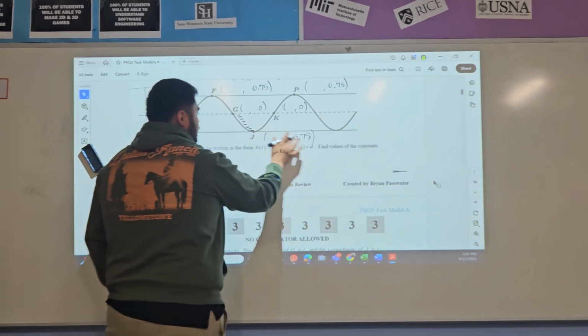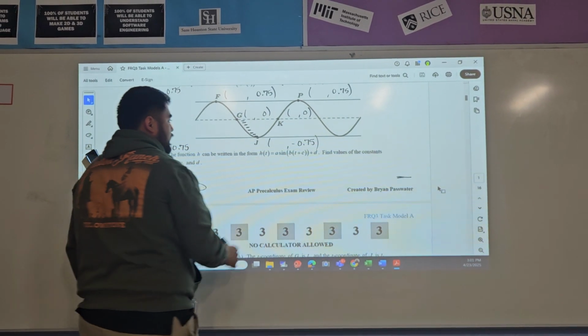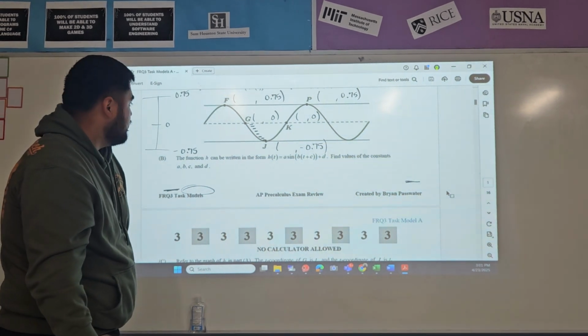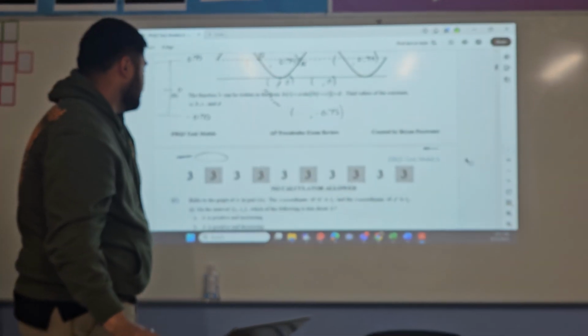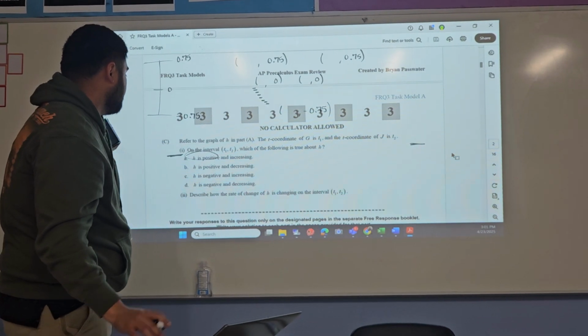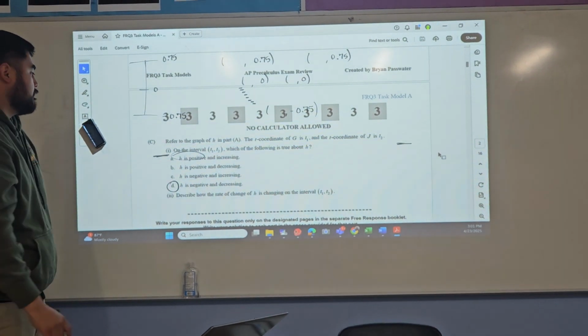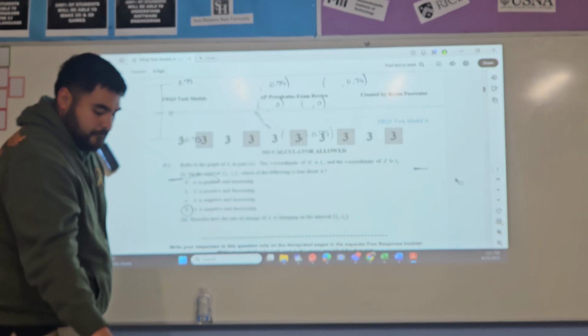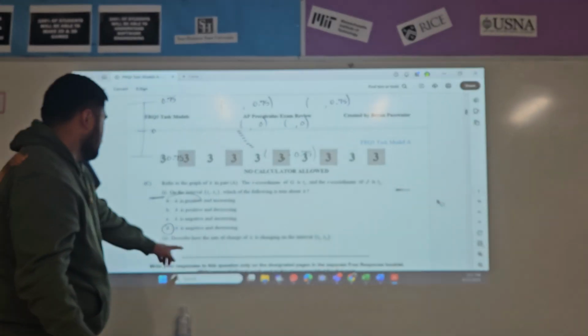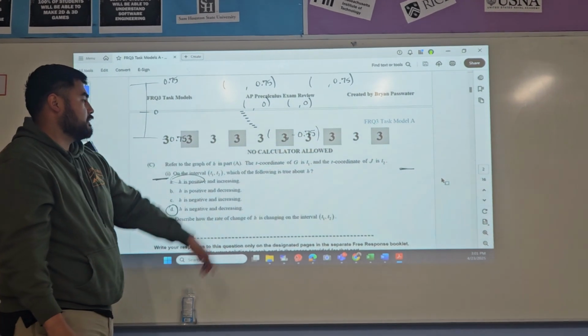And if I look at my y's, it is negative. So I have a negative function that is decreasing. So negative decreasing, the answer would be D. So there you go. We have 1 point, 2 points. With the y values, we have 3 points.